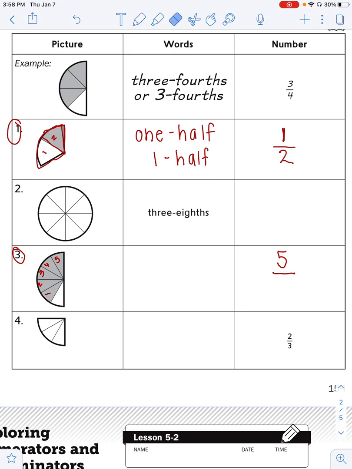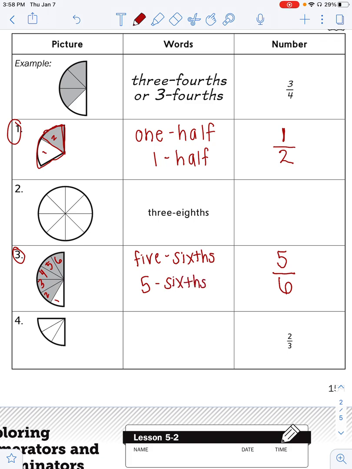So let's erase what I already put. And let's count how many total parts there are. 1, 2, 3, 4, 5, 6. So I put a 6 on the bottom. And that is the same thing as writing it out like this: five sixths.